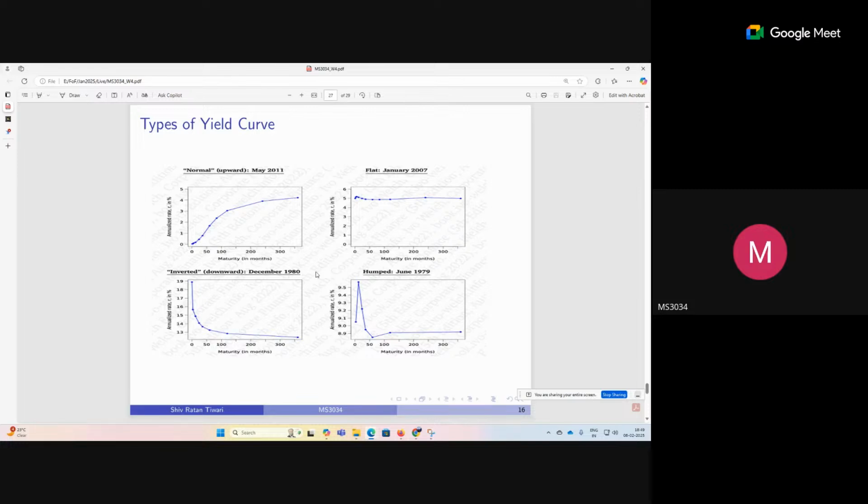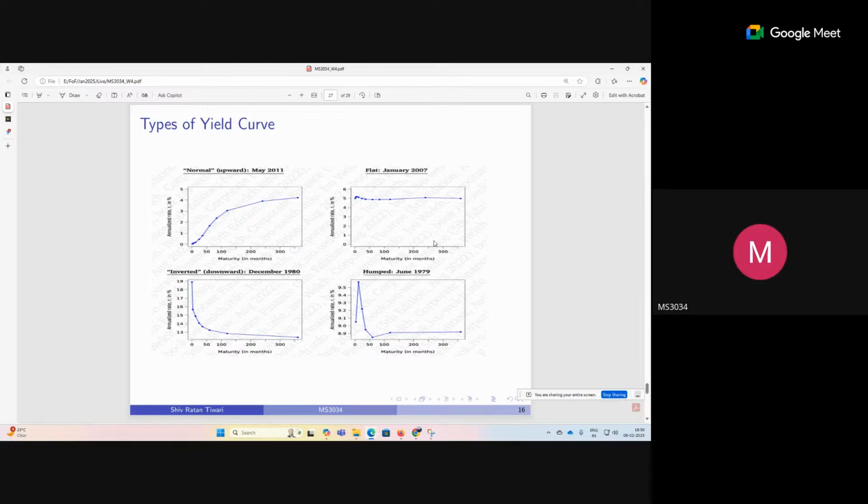These are different examples, but we cannot say anything when we observe a flat or humped curve. The inverted one was in 2007, when the US economy was approaching the global financial crisis. The humped one was just before the oil crisis or the Bretton Woods crisis of the 1980s.